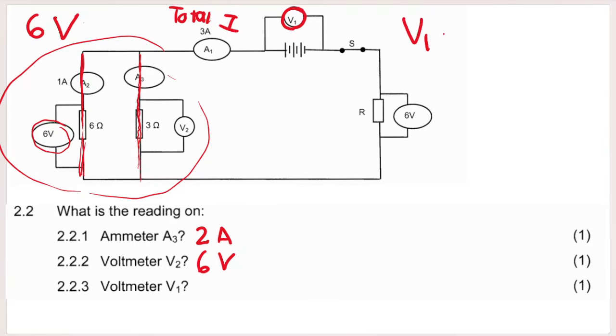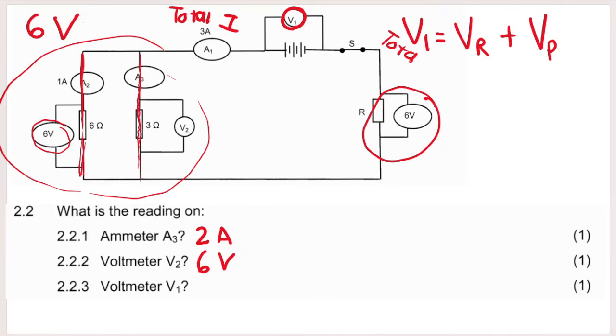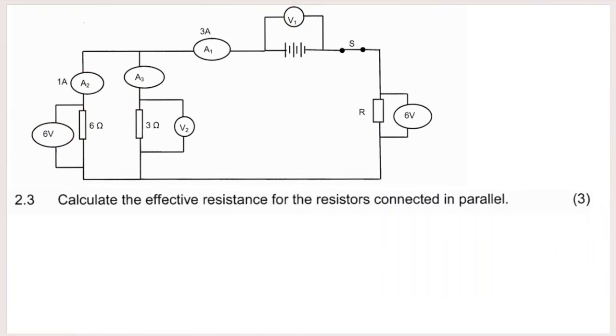So V1 is basically equal to the voltage across R plus the voltage across the parallel combination. You don't have to write this. This is not a formula you have to write down, but I'm just trying to show you that the total voltage, or the terminal potential difference, is equal to the voltage across this one, which is 6, plus the voltage across the parallel, which is also 6. So V1 will measure 12 volts. Okay, there we go, 12 volts.